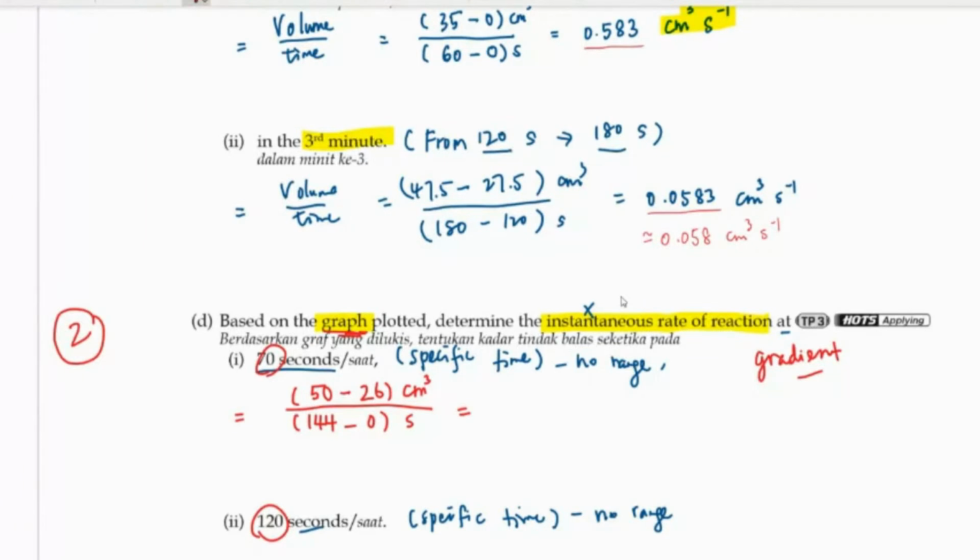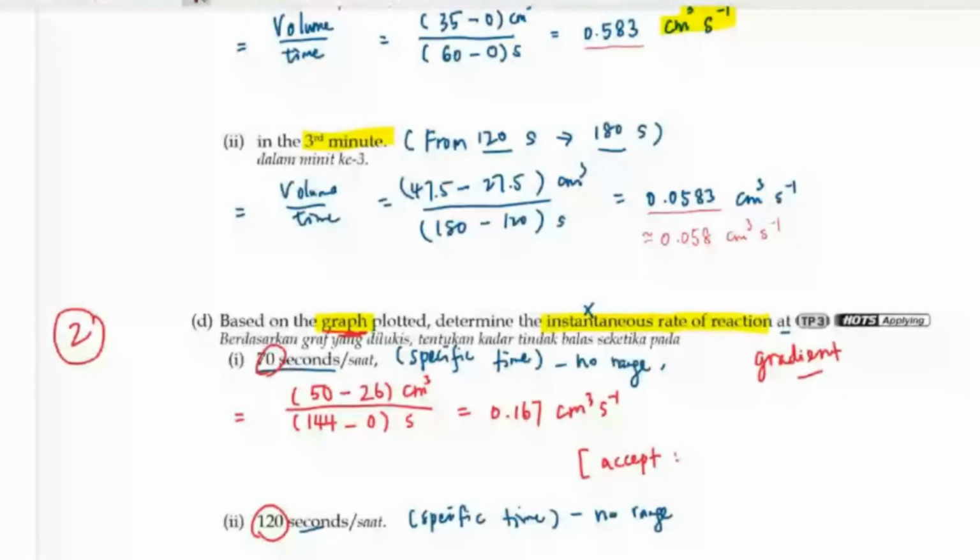For mine, I get 0.167 cubic centimeter per second.